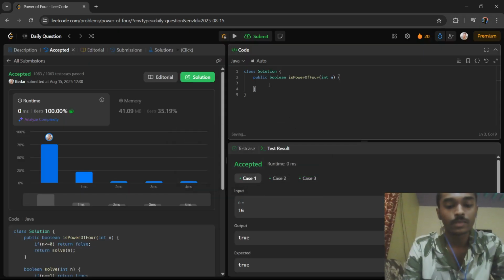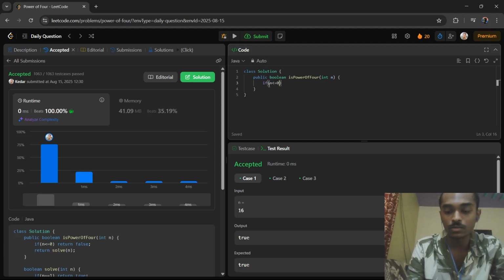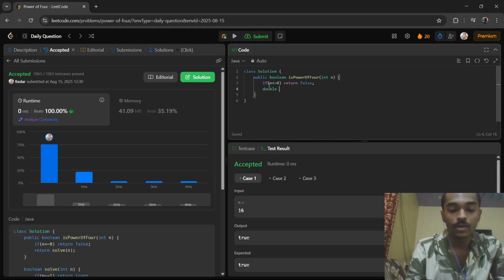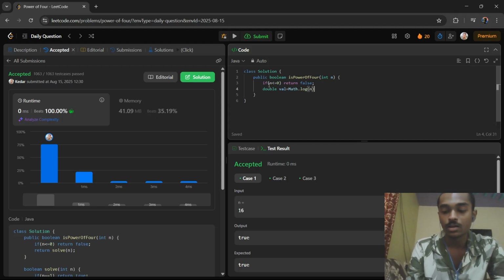Okay, if the number is less than or equal to 0, we have to return false. This is the same. And let's see, value is Math.log of n divided by Math.log of 4.